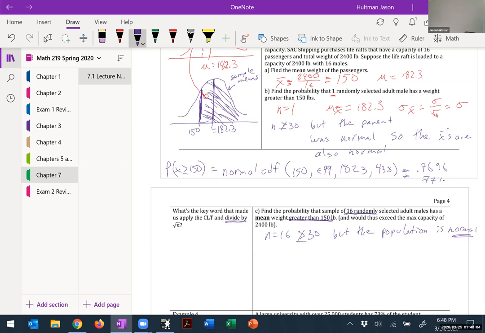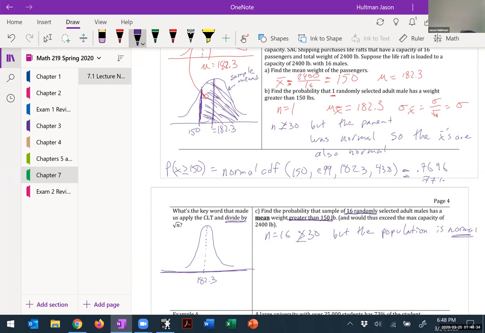If we take a sample size of 16, we end up with a similar distribution as before, but it's much narrower. Still, the mean is 182.3, but the standard deviation went down by 1/4.